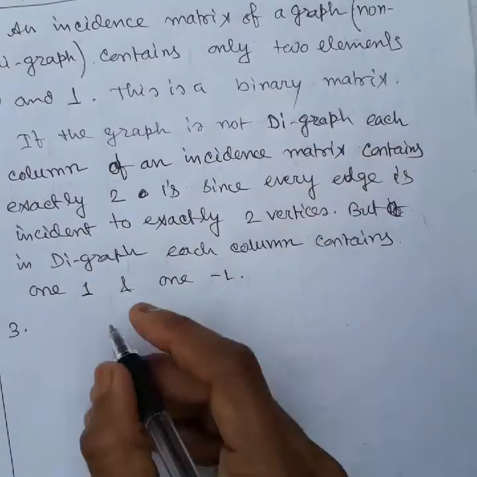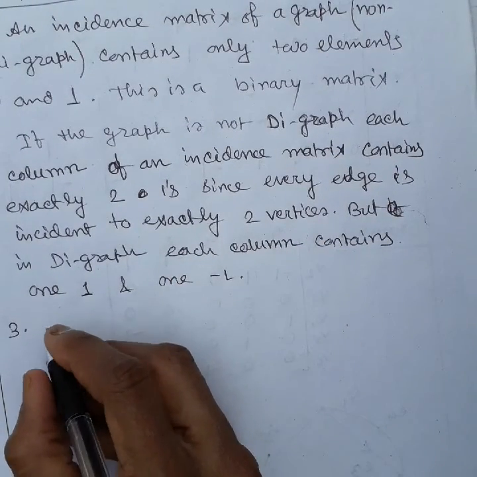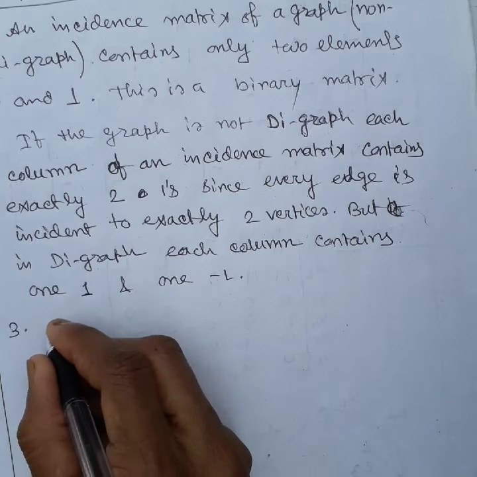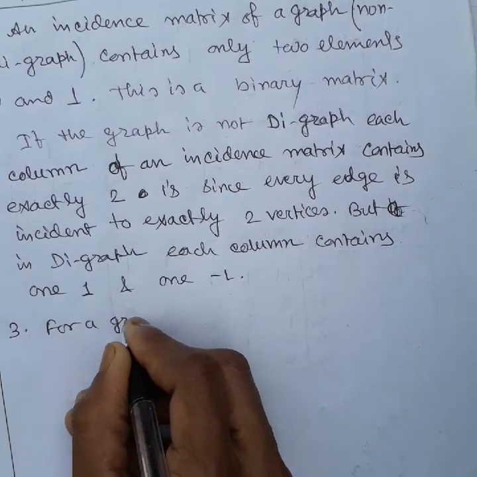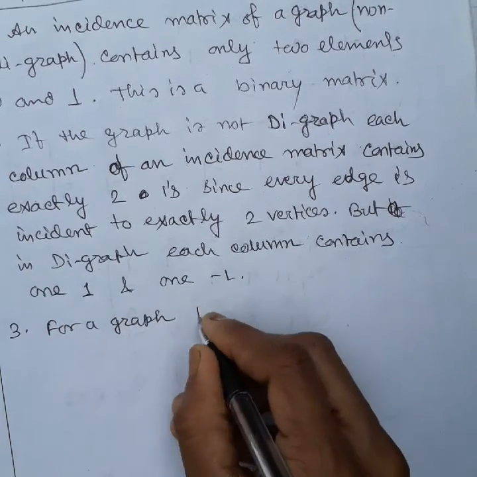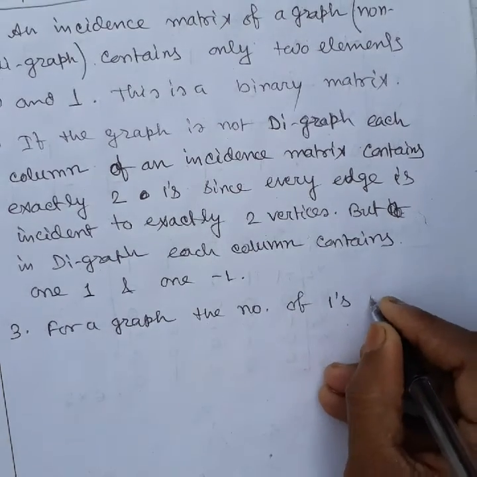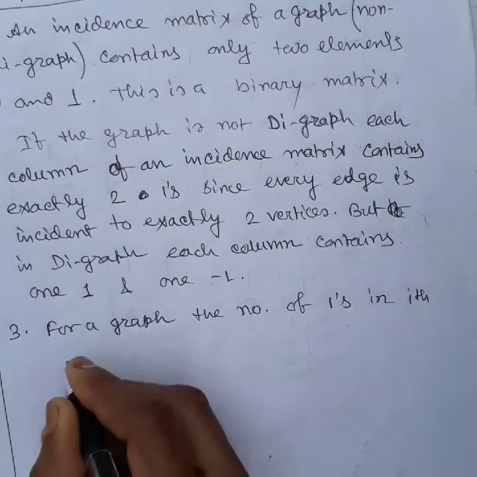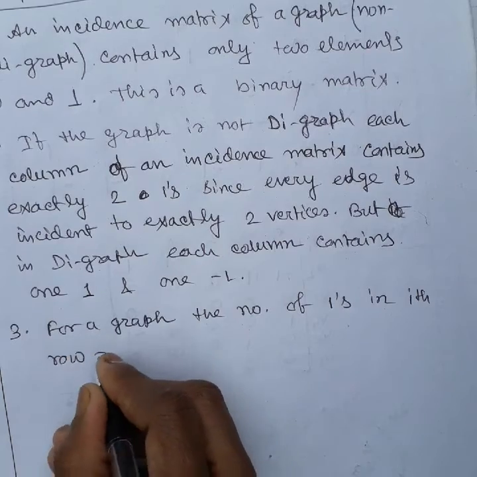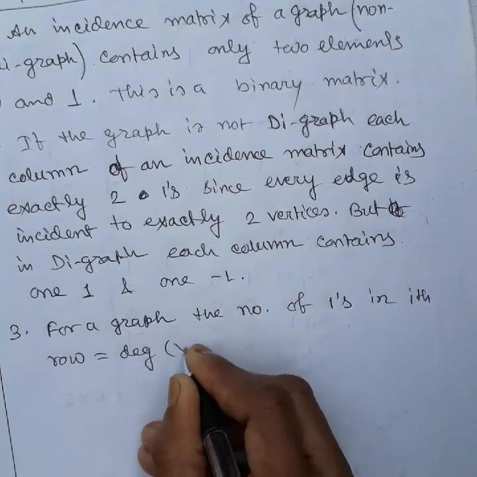So the next property is, for a graph, the number of ones in the ith row is equal to the degree of Vi.